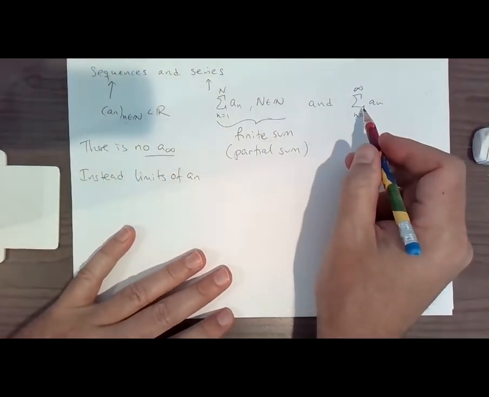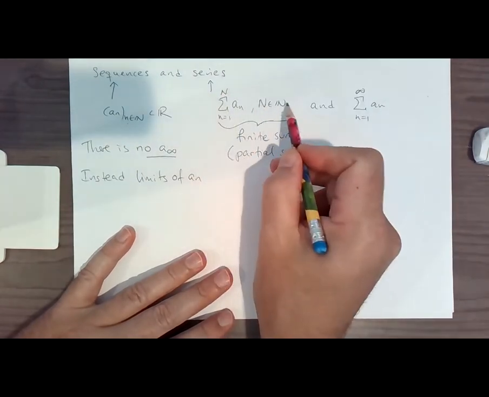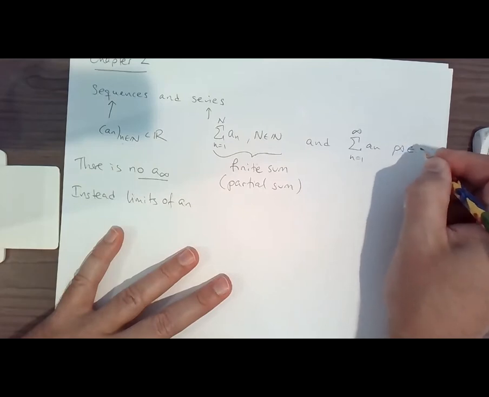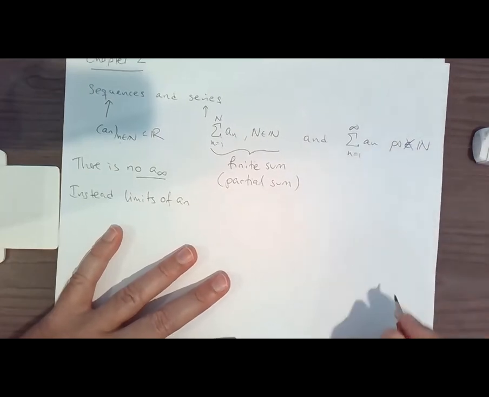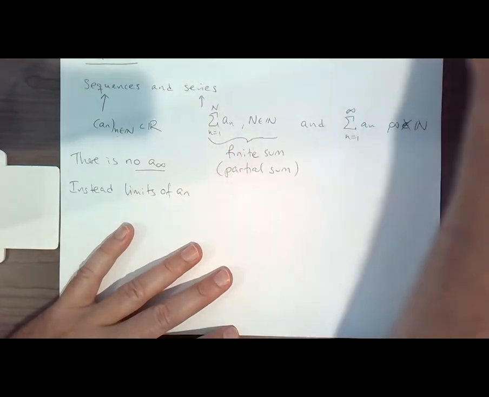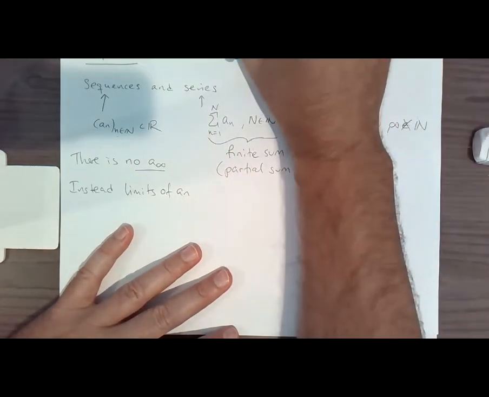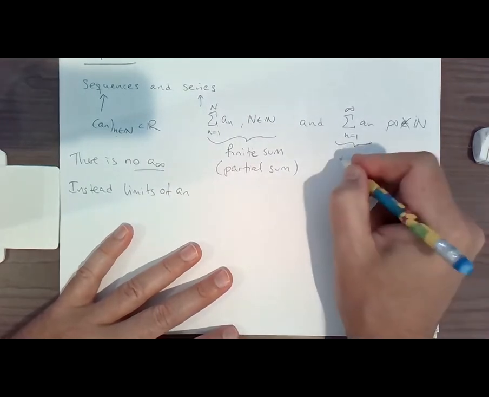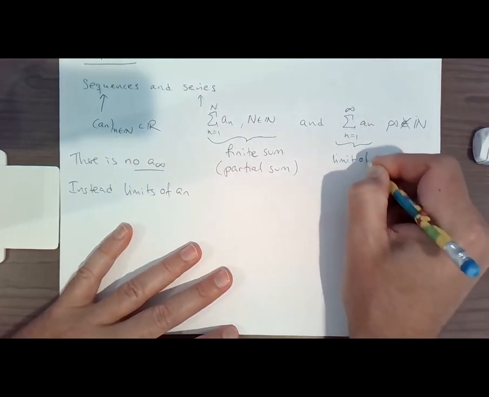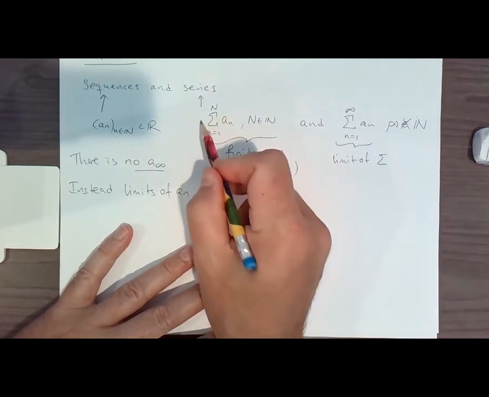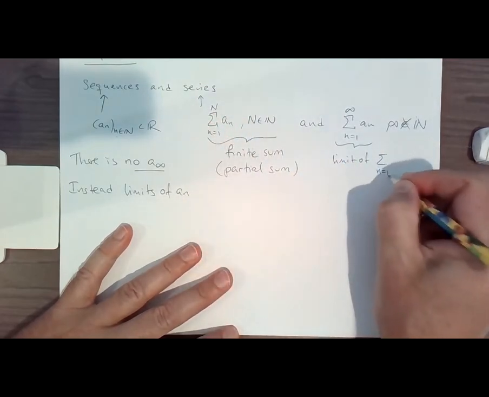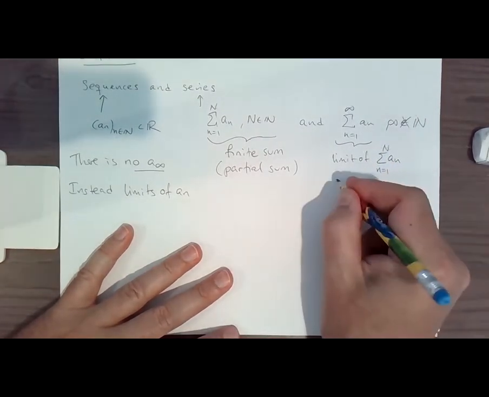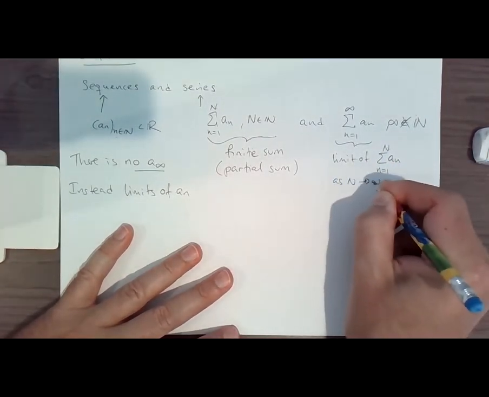Same as here, with this capital N, there's no infinity inside the natural numbers. Infinity is not an element of the natural numbers. So what is this thing here? Well, this is going to be some sort of a limit of these finite sums, as capital N goes to infinity.